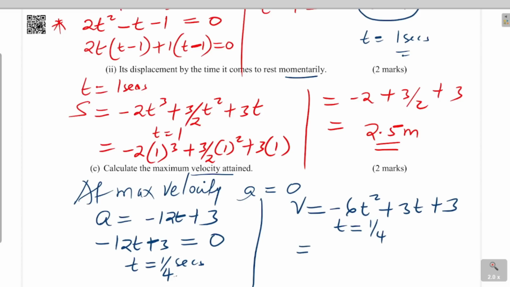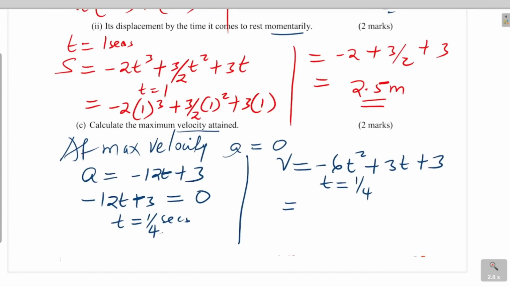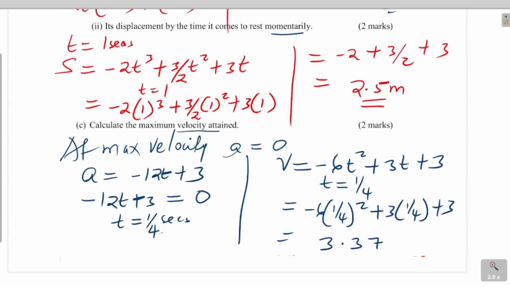This will give negative 6 times a quarter squared plus 3 times a quarter plus 3. When you work this out using a calculator, you will get 3.375 meters per second. That is how you're supposed to solve that question.